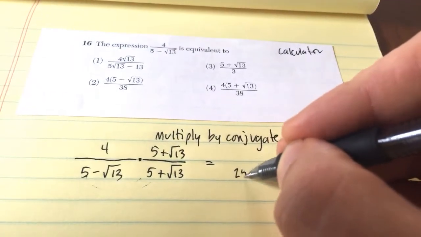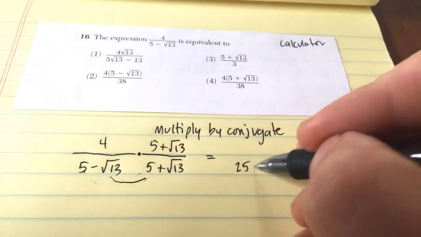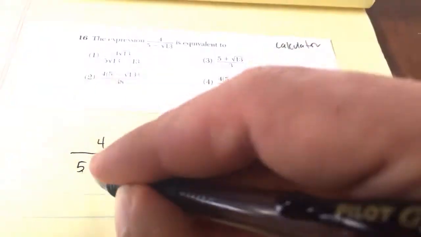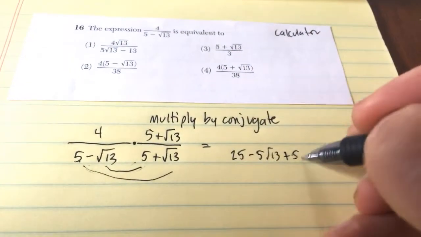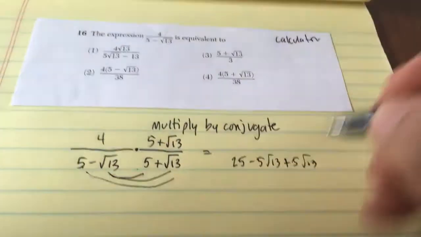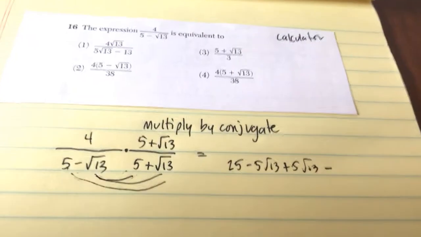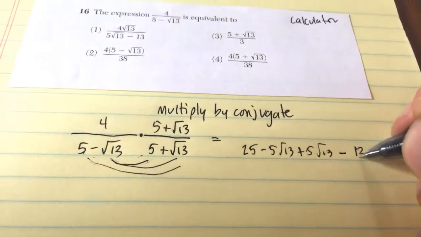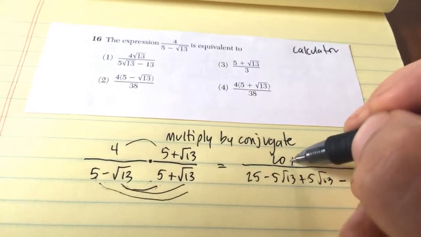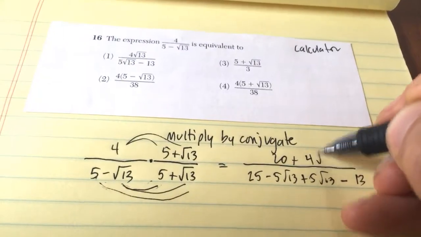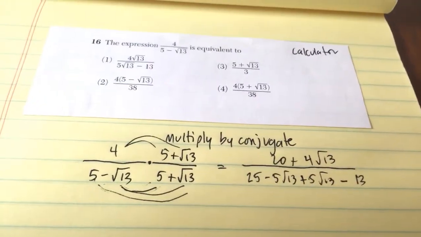5 times 5 is 25. Square root of 13, you get minus 5 square root of 13 plus 5 square root of 13, minus square root of 13 times square root of 13 is 13. On the top, you get 4 times 5, you get 20, plus 4 square root of 13.